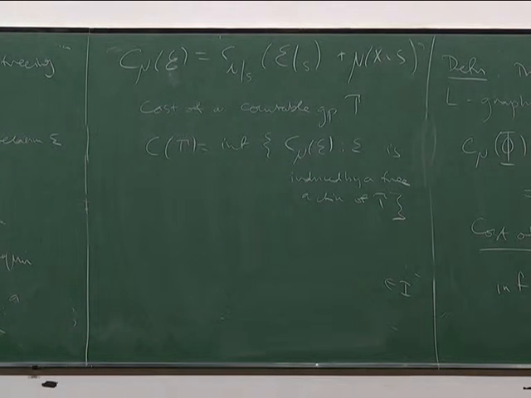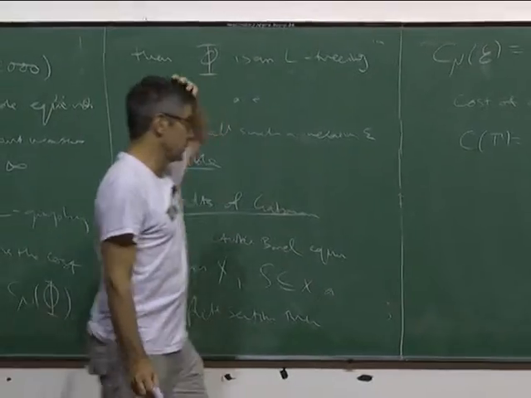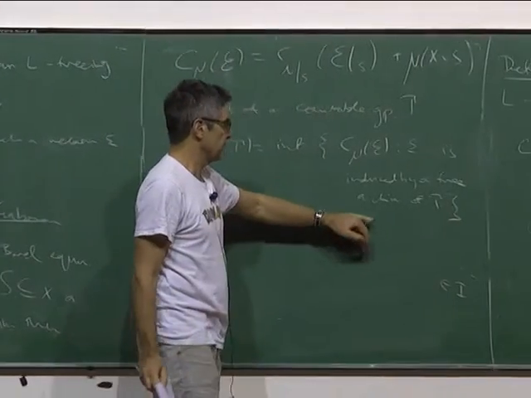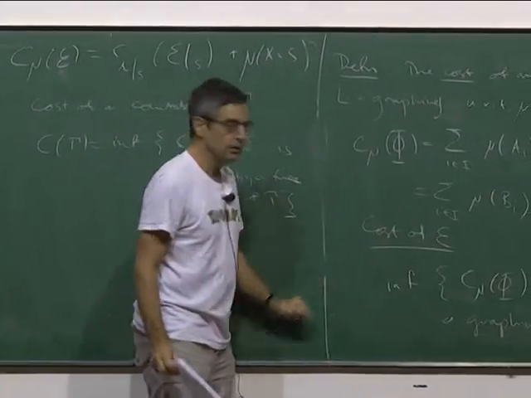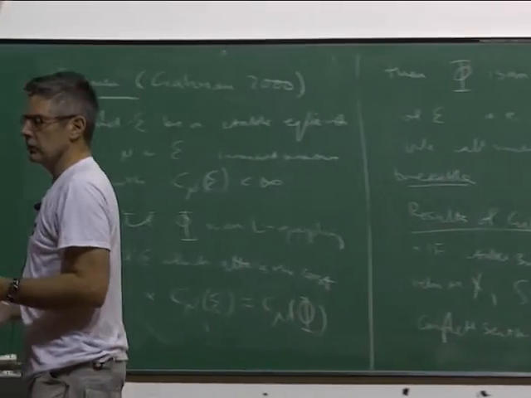So take the smallest cost of an equivalence relation induced by a free action of gamma in that sense that I first said. So the question is, what are the costs of various groups?